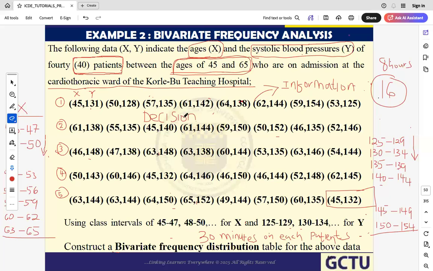How can the doctor take this decision? The doctor must take what we call an informed decision, not a knee-jerk decision. An informed decision can only come from data.